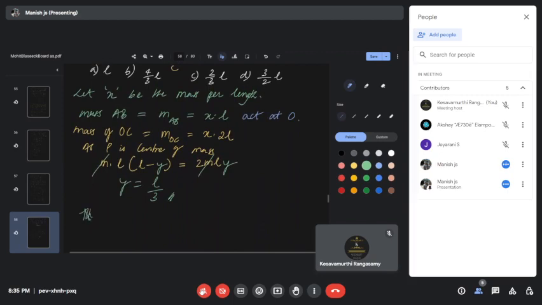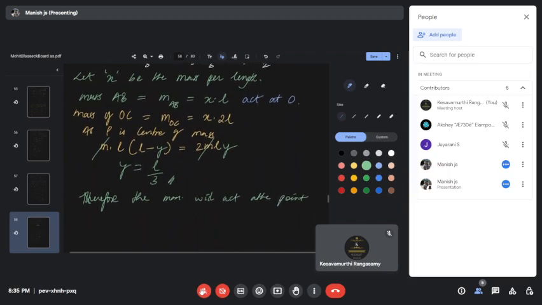Therefore, the mass will act at the point along the length AB, which is L, plus this L by 3 which we have found out.